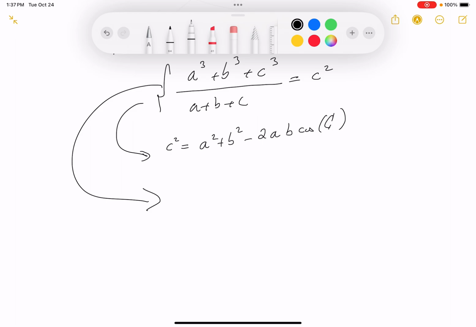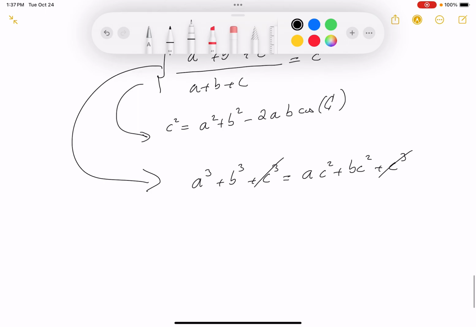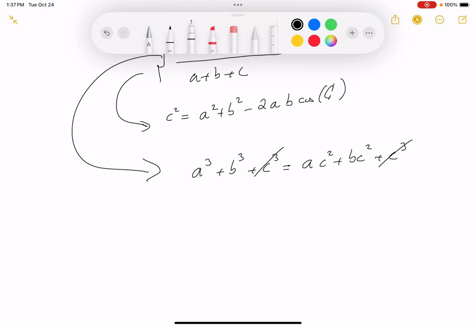First thing I'm going to do is just multiply both sides by the LCD. You get a cubed plus b cubed plus c cubed is equal to ac squared plus bc squared plus c cubed. Well, I'm going to subtract c cubed from both sides. Then what are you left with? A cubed plus b cubed is equal to ac squared plus bc squared.